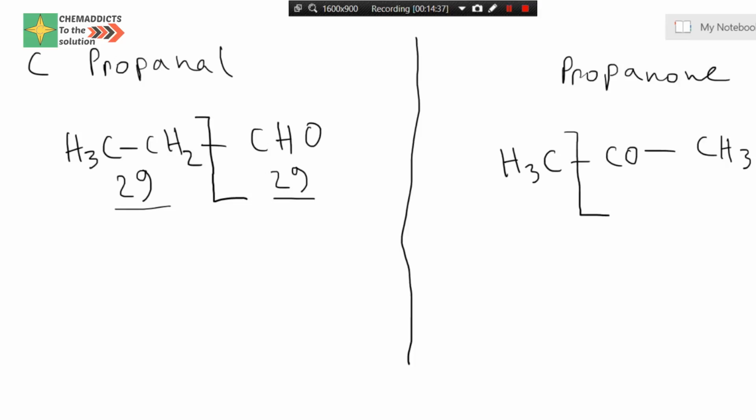If we split in this manner, we're gonna end up getting this: this is 15, this is 15 once again, and this is 43. As you can see, this matches with the mass by charge ratio given, but this does not match with the given mass by charge ratio. That is why C is not the valid answer.